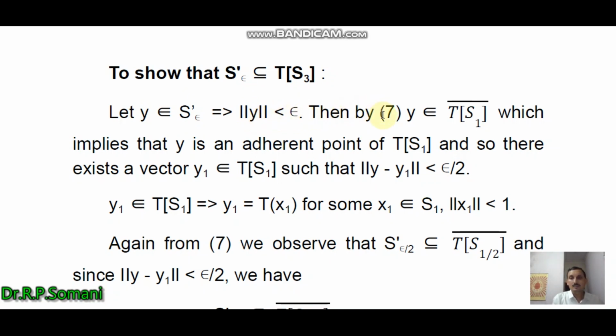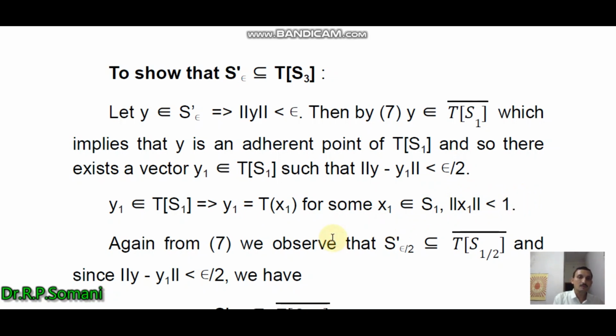Then by equation 7, y belongs to T S1 bar, which implies that y is an adherent point of T S1, and so there exists a vector y1 belonging to T S1 such that norm of the y minus y1 is less than epsilon by 2. And as y1 belongs to T S1, y1 equals T x1 for some x1 belonging to S1, where norm of the x1 is less than 1.